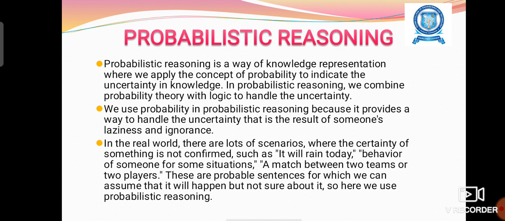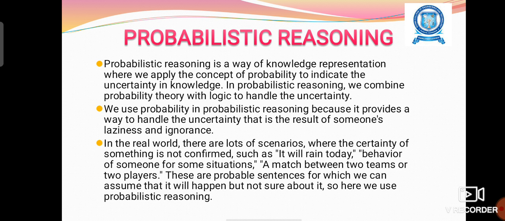Probabilistic reasoning is a way of knowledge representation where we apply the concept of probability to indicate uncertain knowledge. In the real world, there are a lot of scenarios where the certainty of something is not confirmed, such as it will rain today, or the behavior of someone in some situations. We can't give confirmations, it is not sure.